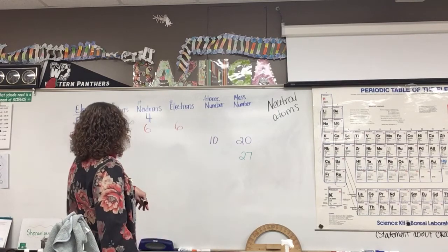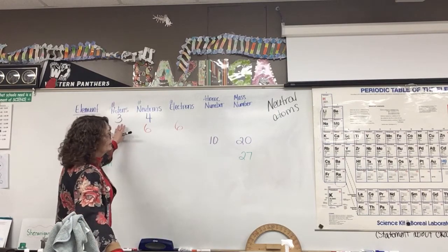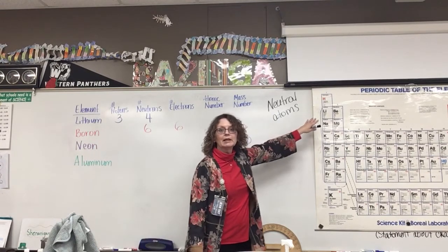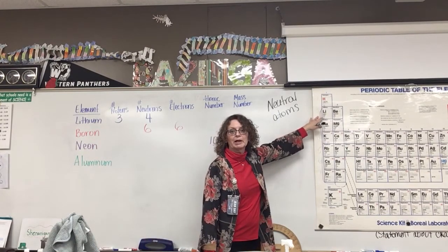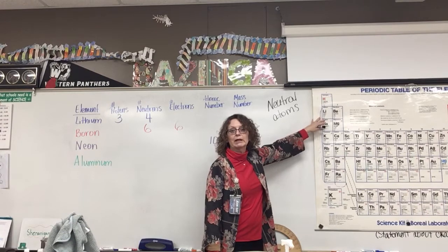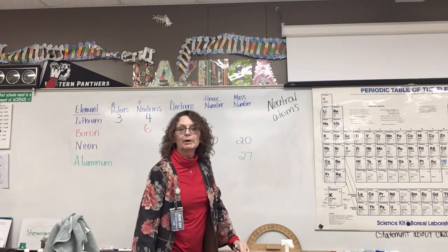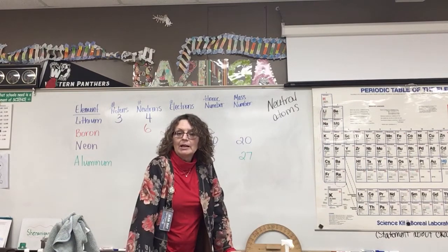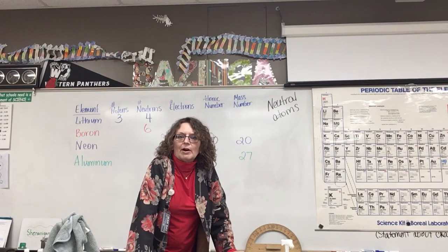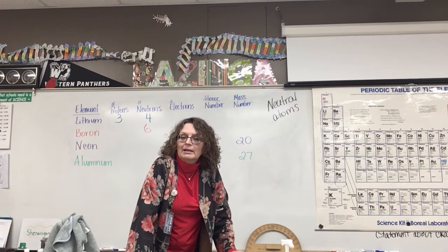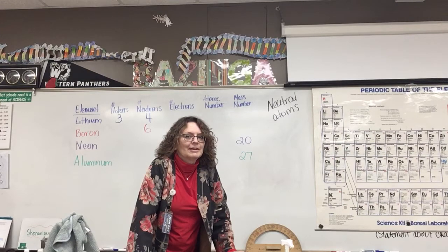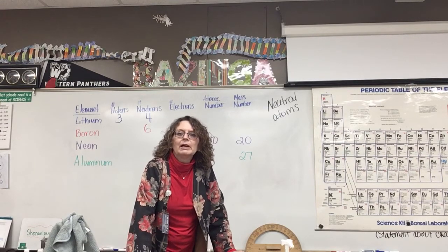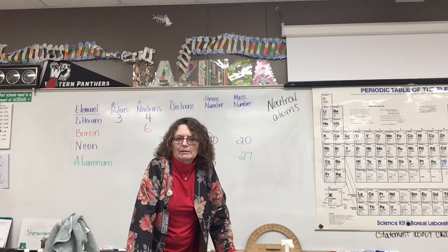Lithium is element number 3. If you look on a periodic table, it's element number 3. That means its atomic number is 3. That means the number of protons is 3. The number of electrons, 3. Now, how do I get the mass?